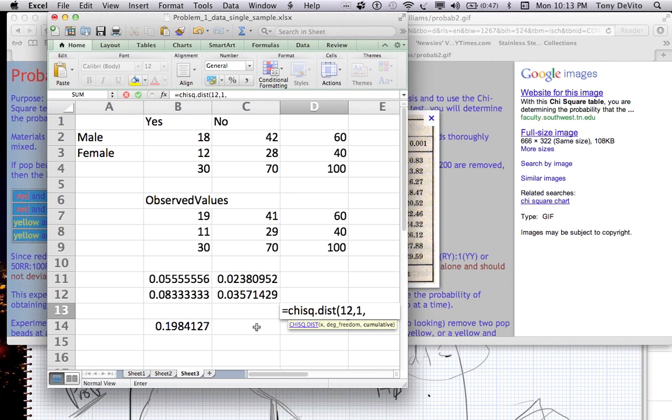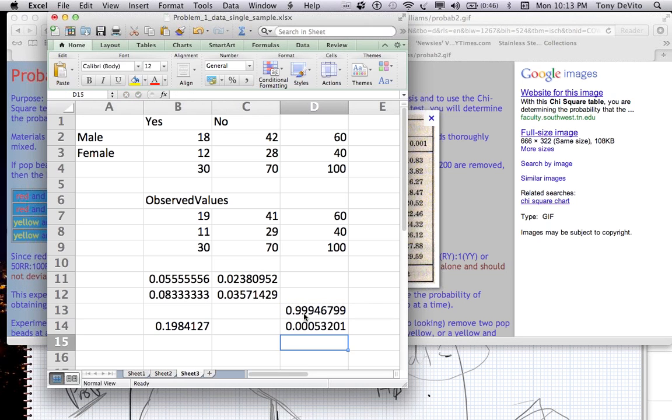And for cumulative, I'm going to say true. I'm going to close the parentheses and hit return. Okay, well, that gives me the probability to the left side of this chi-square distribution. If I go 1 minus that value, it gives me the area in the tail that's left. So the area in the tail that's left is indeed less than 0.001. It's 0.0005. That's my actual p-value or probability of being wrong.